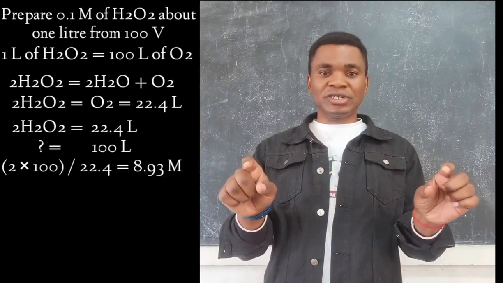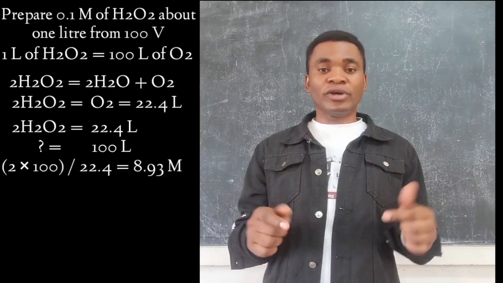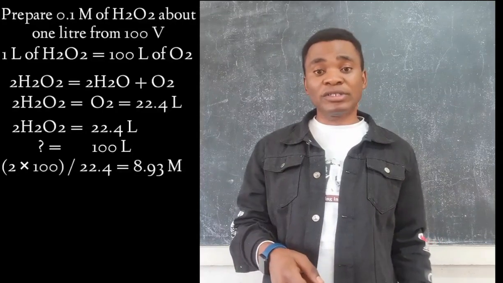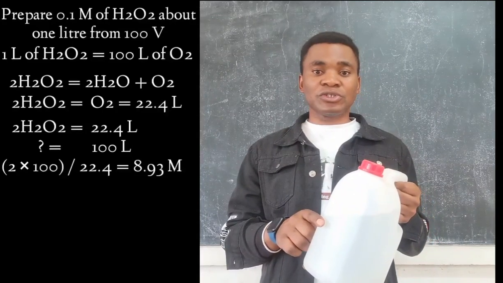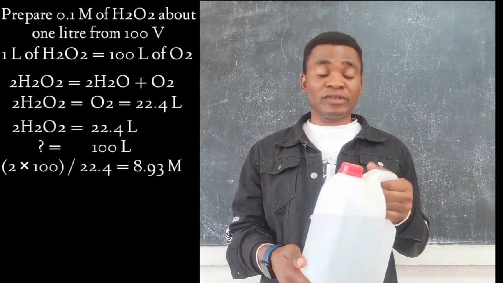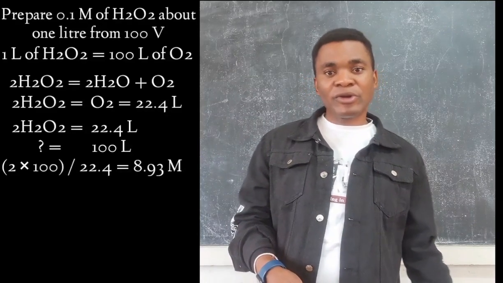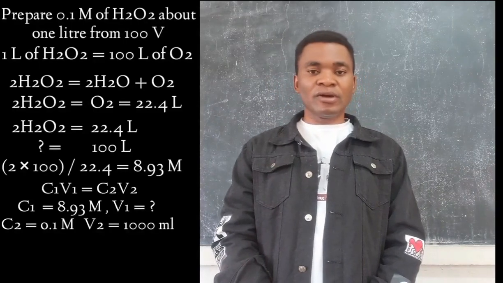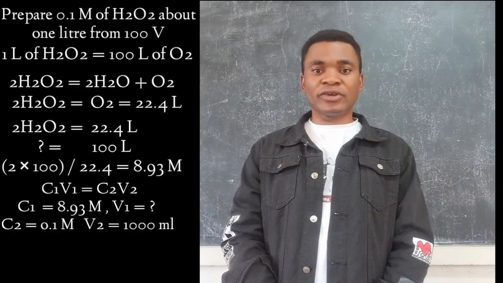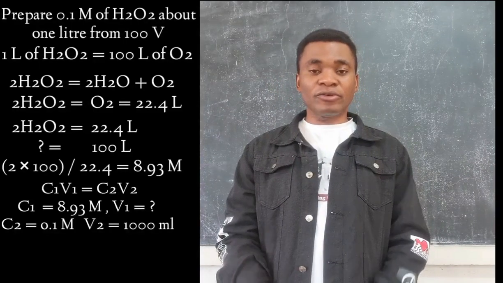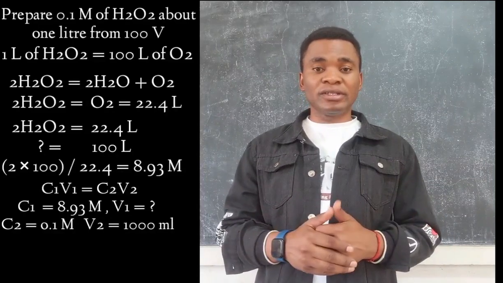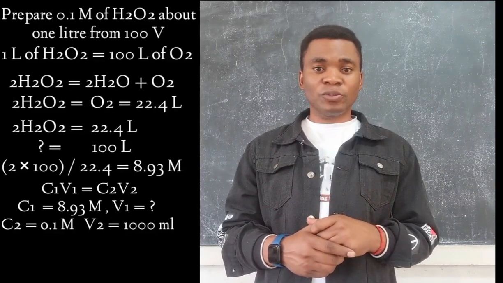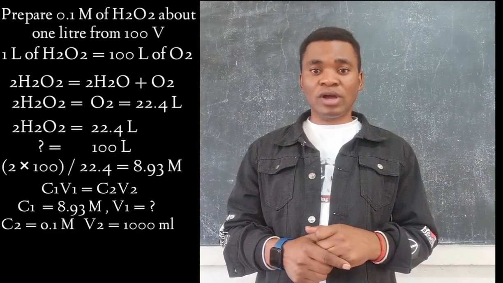After getting the molar concentration, as C1, we are going to use the dilution law to know what amount we should take from this stock solution to prepare 0.1 moles, about 1 liter. Using the dilution law, C1 V1 is equal to C2 V2, where C1 is 8.93 moles, V1 we don't have, we are looking for it, C2 is 0.1 moles, and V2 is 1000 milliliters.